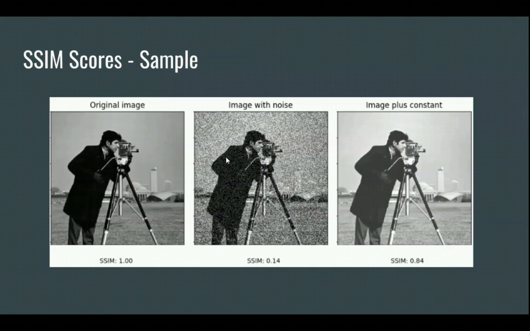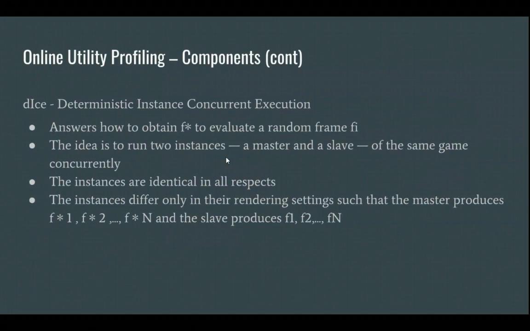Okay. So the next component we are going to be discussing is deterministic instance concurrent execution, which is nothing but DICE. We know that for calculating the SSIM score, we need an F star frame and an F frame. The question is, how do we obtain these frames? This is where DICE comes into play.